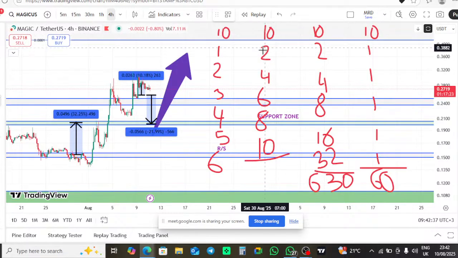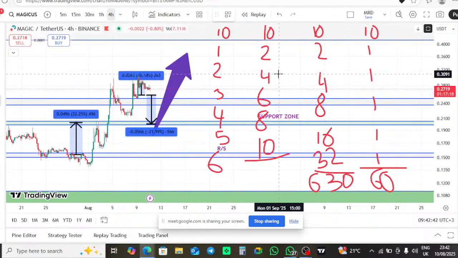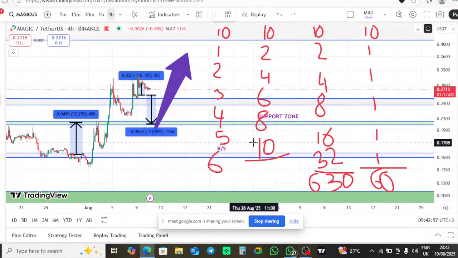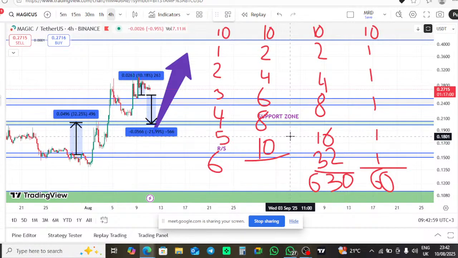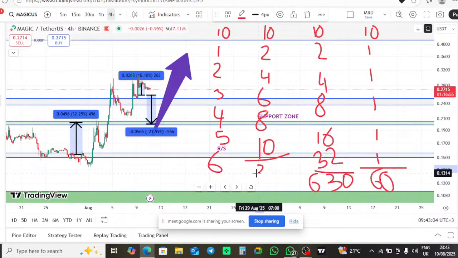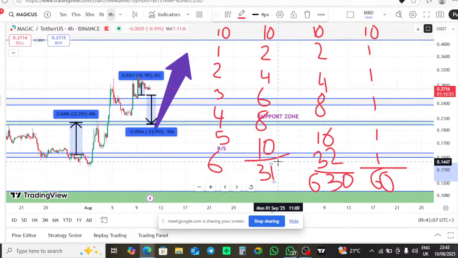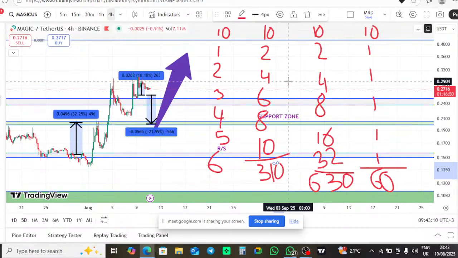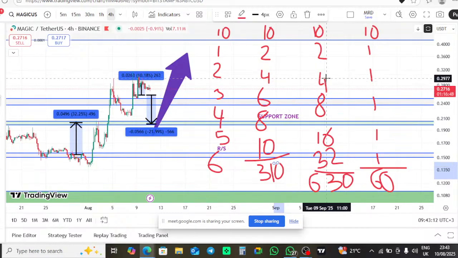This is 30. 30 plus 40, that is 70. 70 plus 60, that is 130. 130 plus 80, that is 210. 210 plus 100, that is 310. Not so? Here you are covered. This is the capital you need to use in this strategy. You are just buying 5 margin calls.